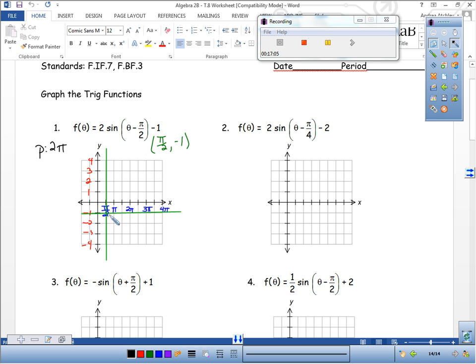Okay, then we start at the new origin at 0. Yes, at the end, when we're not transforming it. When we're transforming it, we can't necessarily say 2 pi at the end because we might have to go further. Does that make sense? 3 pi over 2.